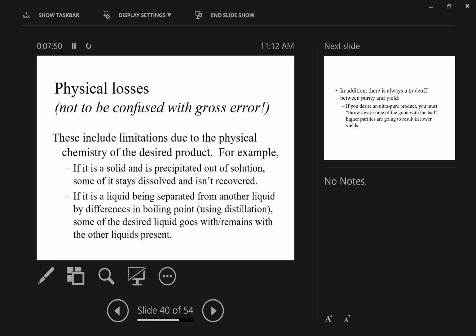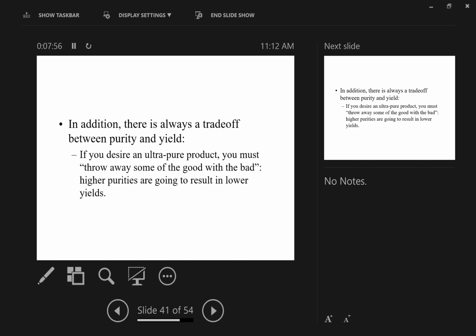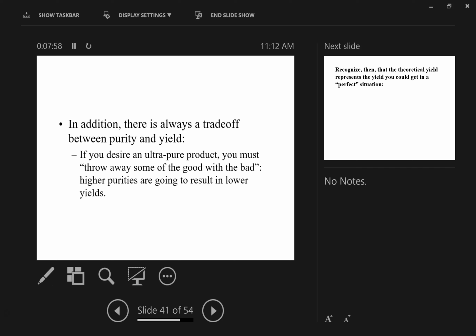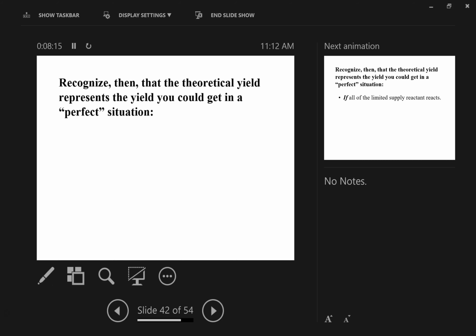If we have multiple steps in an overall chemical reaction, then you're going to maybe lose some of your stuff in between. In pharmaceuticals, they are very picky about having no impurities, and so oftentimes yields are very low because of a purification step, but that's just the way life is.